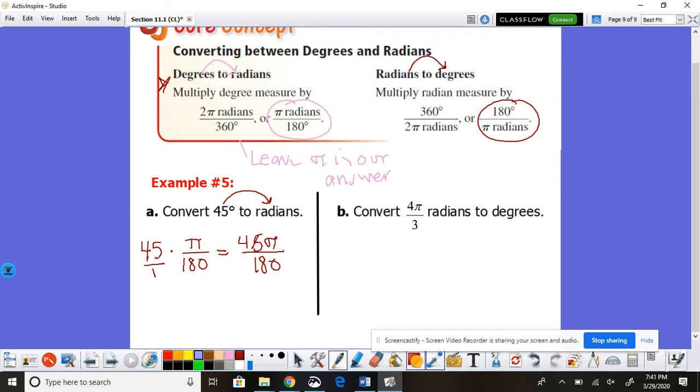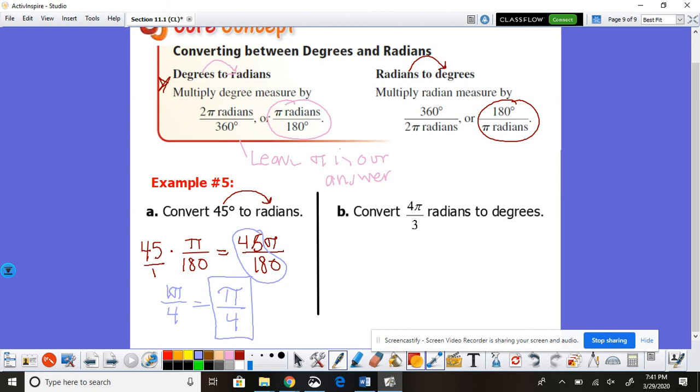And then if I look here, 45 over 180 reduces to, what, 1/4? So 1 pi over 4, or just pi over 4. And you don't have to put radians after it because it's understood that if you have a pi in it, you're talking about radians.